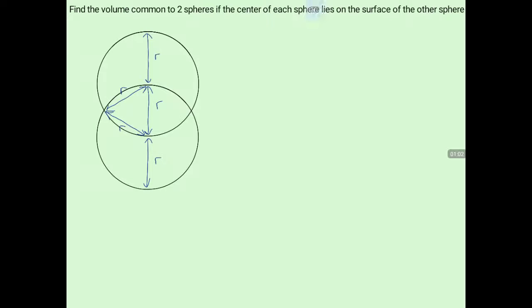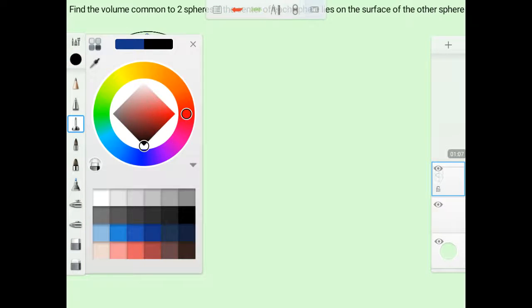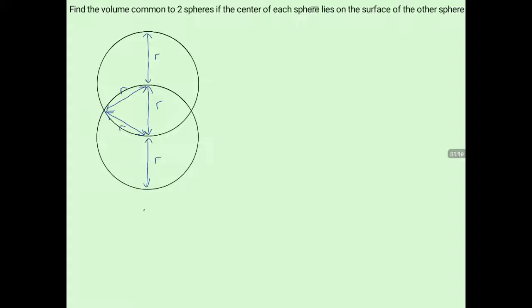If we remember our trigonometric triangles, then if we have a triangle that's equilateral, for example, the same length on all three sides, then half of this is going to be r over 2, and because of that, this middle height is going to be r times root 3 over 2. So this is going to be important later on.